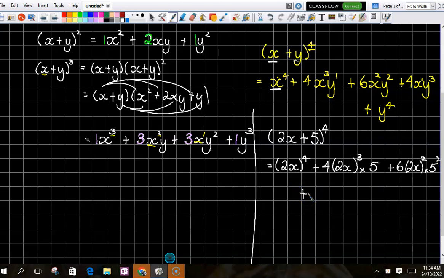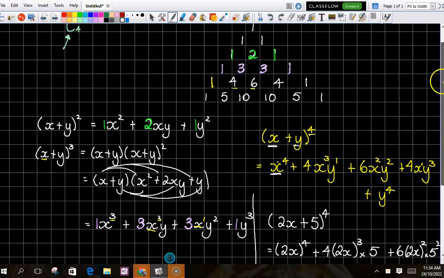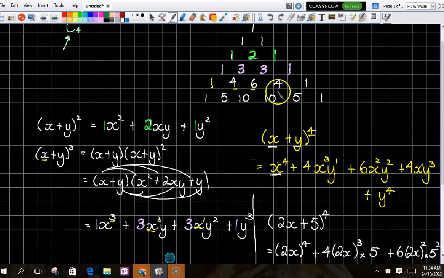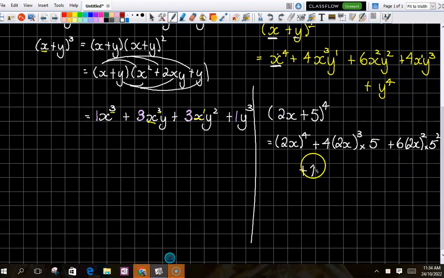Plus 1, 4, 6. What comes next? 4 times 2x to the what power? To the 1, so I'm just going to leave it like that. Times 5 to the 3, plus 1 times 5 to the 4.